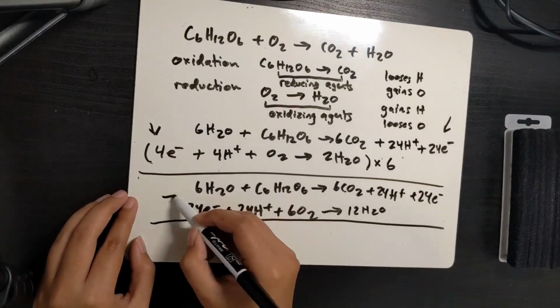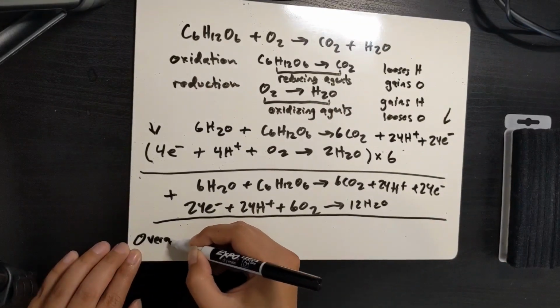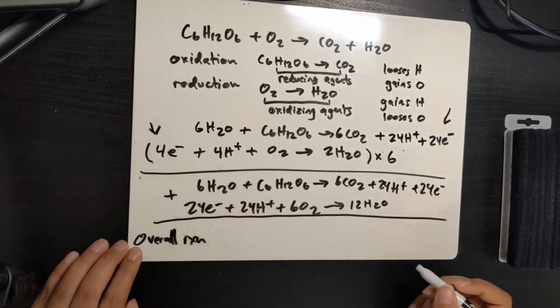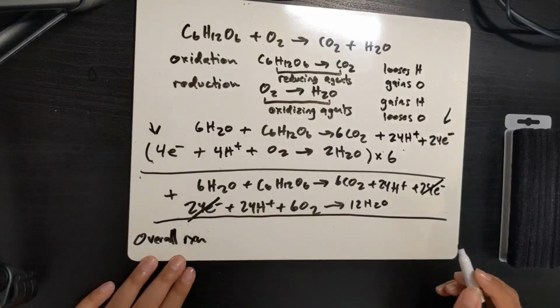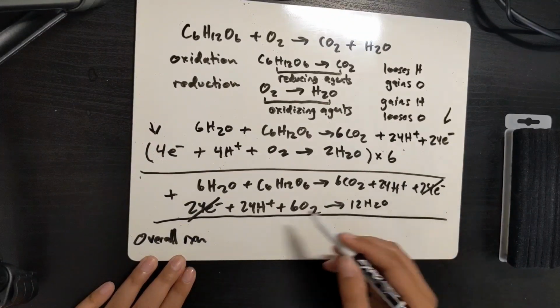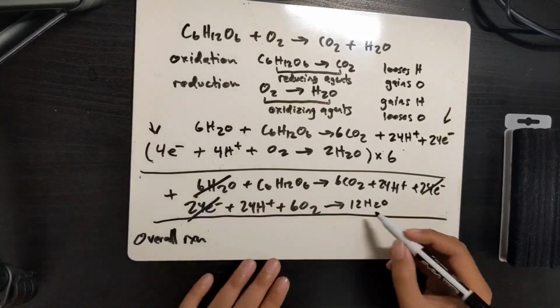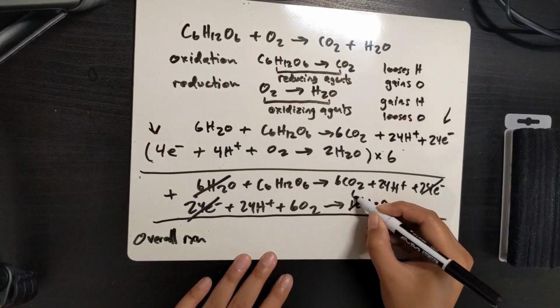Now we are ready to add the two half reactions together to get our overall reaction. Notice how the 24 electrons can cancel out. We have 6 H2O on the left, 12 on the right, so we can cancel the 6 on the left out. 12 minus 6 is 6.